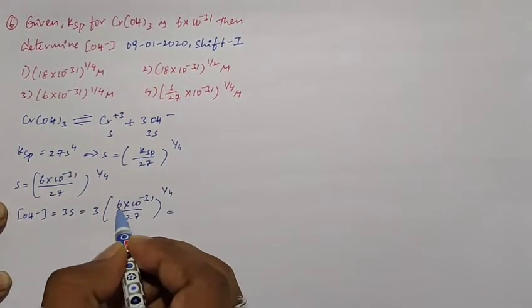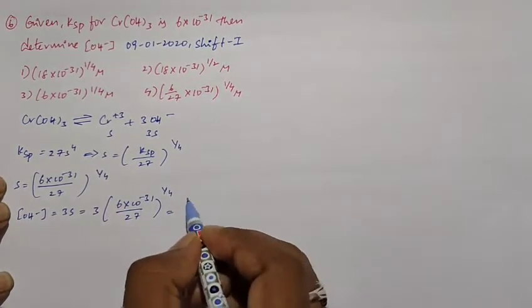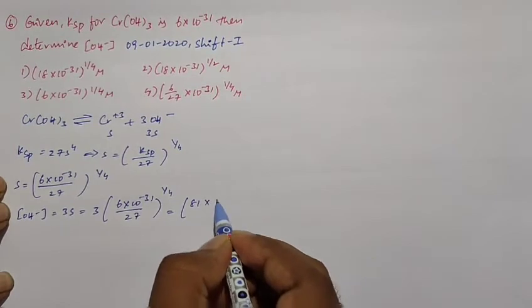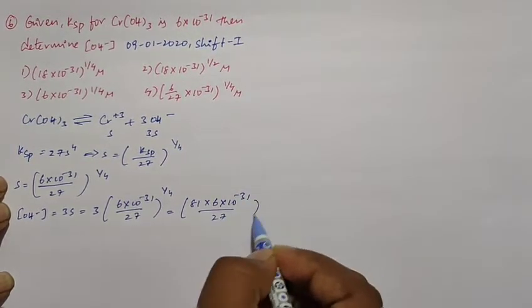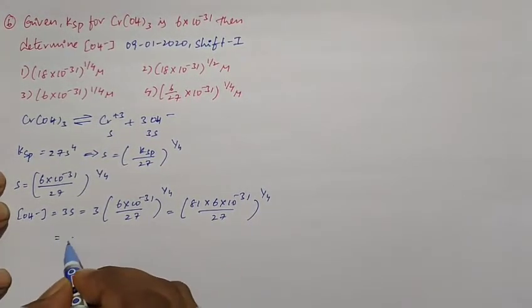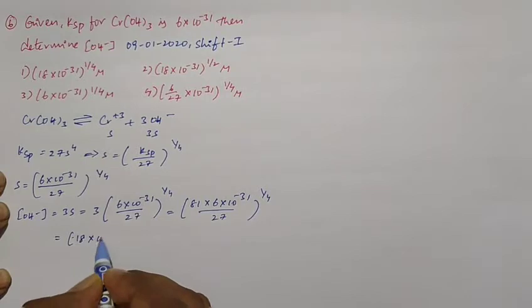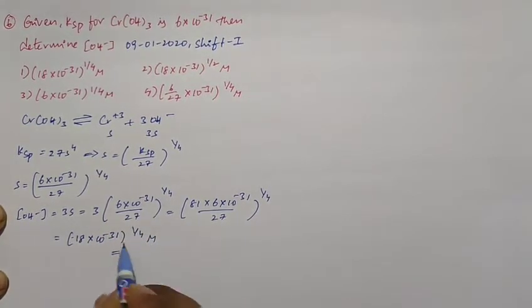If we take the 3 into the bracket, then you get (81 into 6 into 10 power minus 31 by 27) whole power 1 by 4. After simplification we get (18 into 10 power minus 31) whole power 1 by 4 molar. So the first option is the right option.